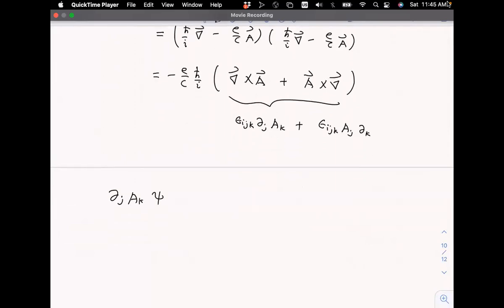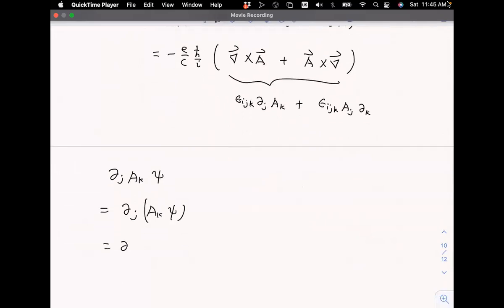It means you deal with this part first and then do the derivative later. So then you have a product rule. So you have this.